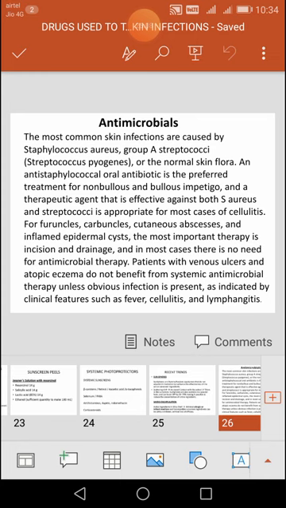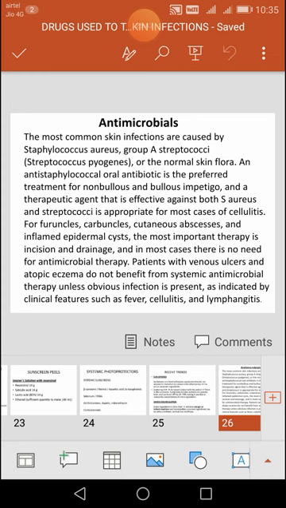An anti-staphylococcal oral antibiotic is the preferred treatment for non-bullous or bullous impetigo, and a therapeutic agent that is effective against both Staphylococcus aureus and these streptococci is appropriate for most cases of cellulitis. So cellulitis is mostly caused by these streptococci.